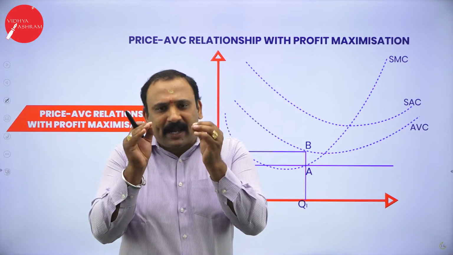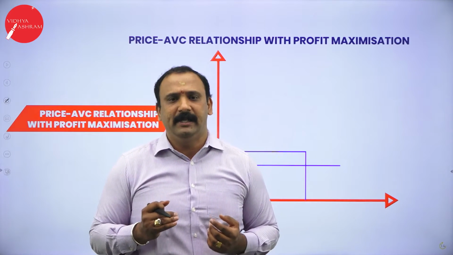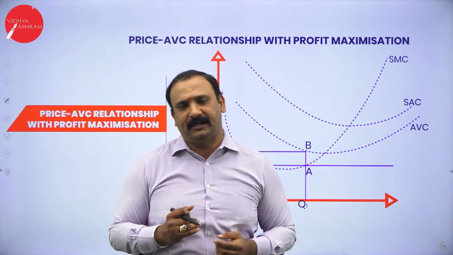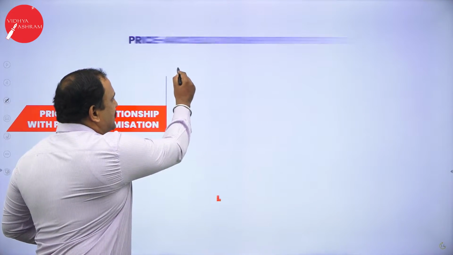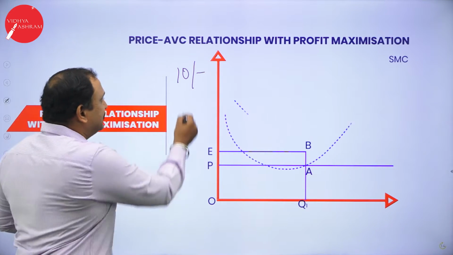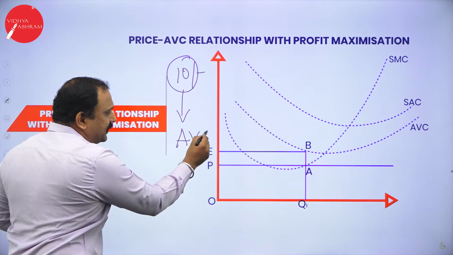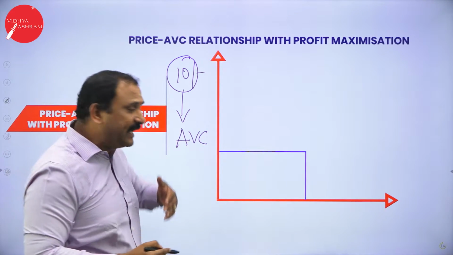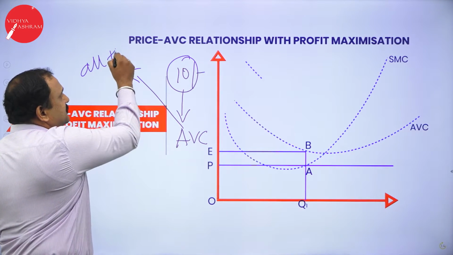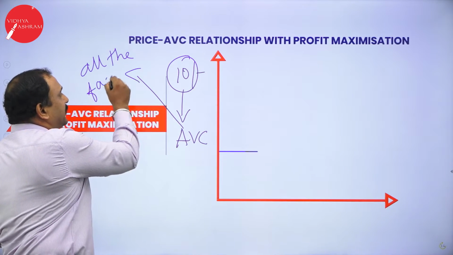So when they are going to price a product in the market, let's say that I am manufacturing a pen and I am going to place that pen at 10 rupees in the market. Now when I place that price as rupees 10 in the market, this 10 rupees is a combination of my average variable cost, which means to say that it includes all the factors that are there in terms of manufacturing that particular pen.